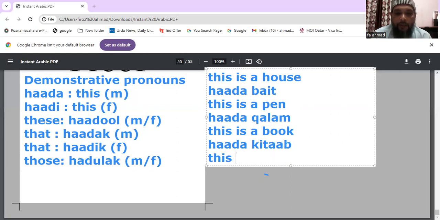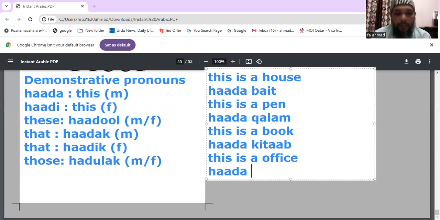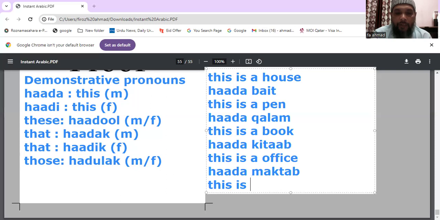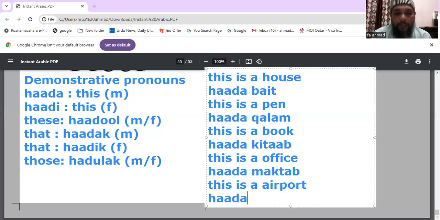And this is an office. Hada maktab. This is an airport. Hada matar. Done. More common words.